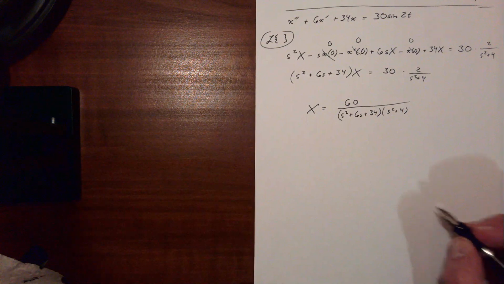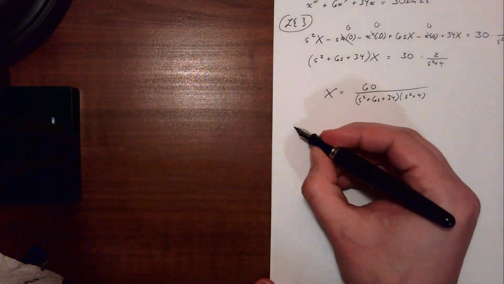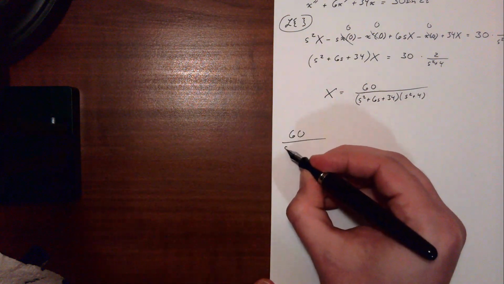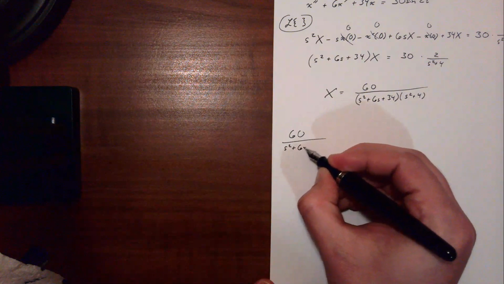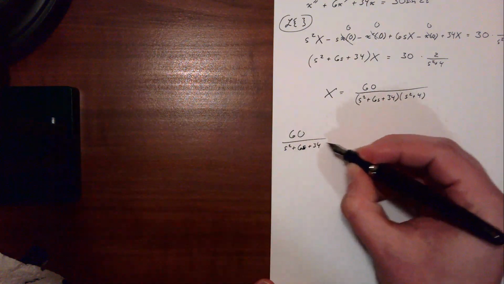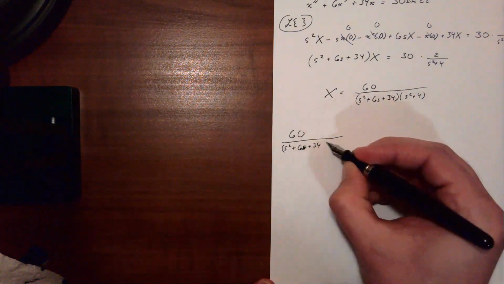All right, well, looks like we got some more partial fractions to do here. So 60 over s squared plus 6s plus 34 times s squared plus 4. That's not factorable, so we'll deal with that later.